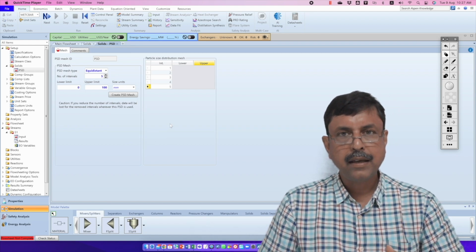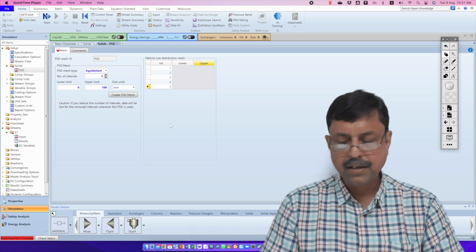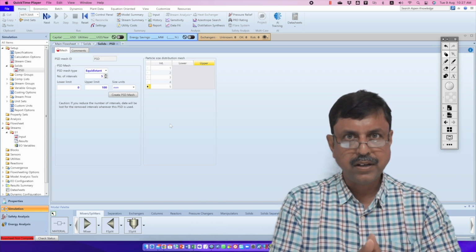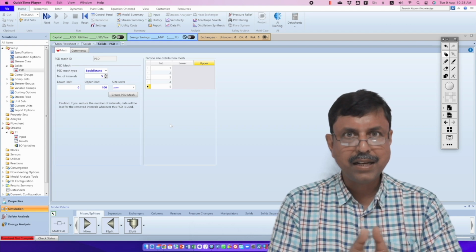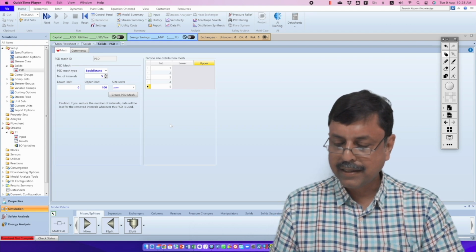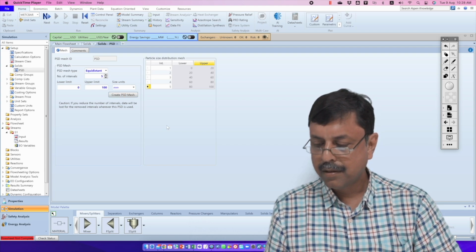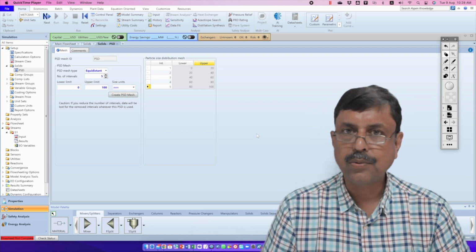So what will be the intervals? 5 intervals: 0 to 20, 20 to 40, 40 to 60, 60 to 80, and 80 to 100. So these are the equidistant mesh type that will be created for you.